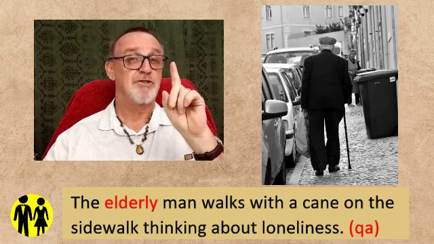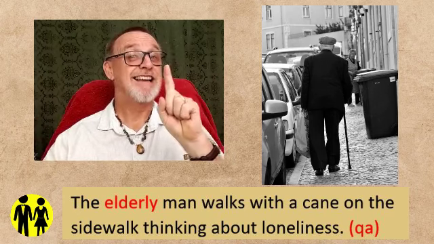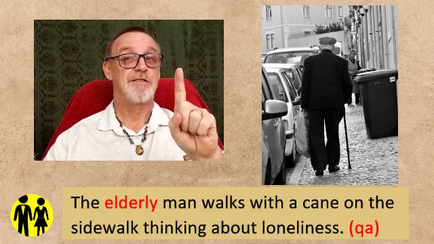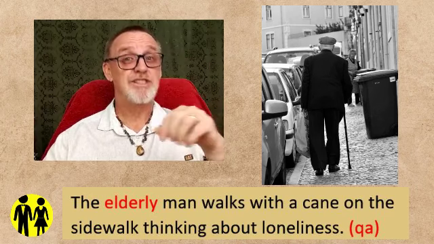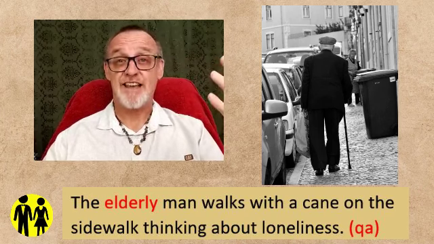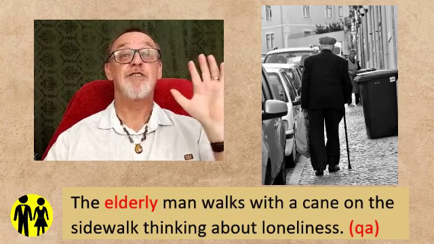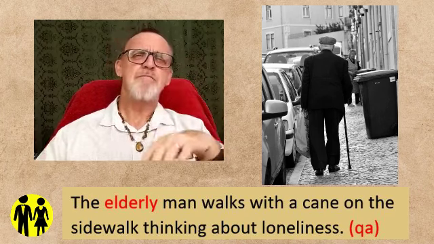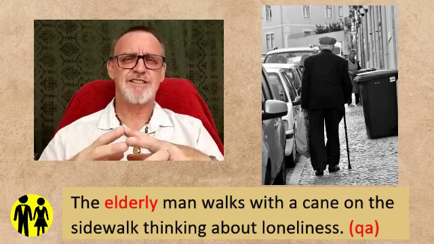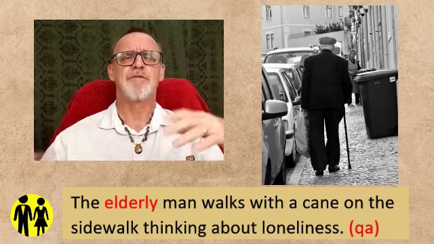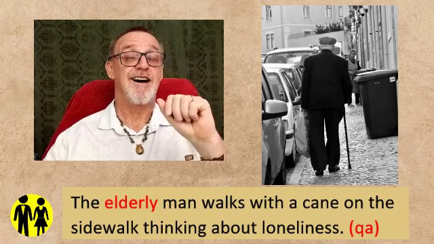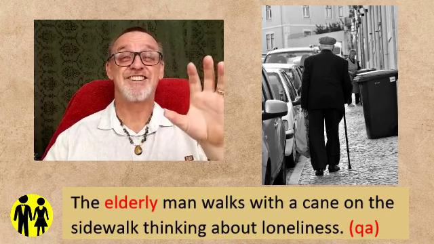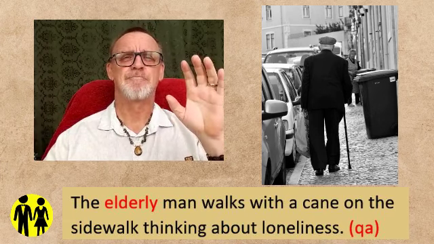So, as you can see, I mark elderly in red. That shows that I made a change. In this case, I added a dress up. And then I mark the end of the sentence with QA. That means I added a quality adjective dress up.